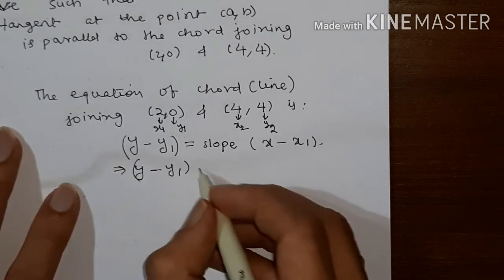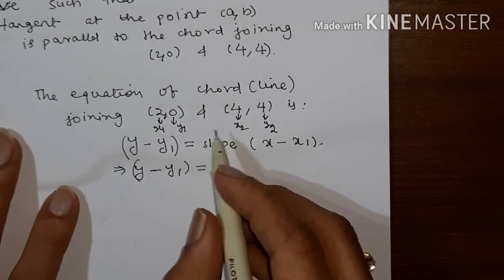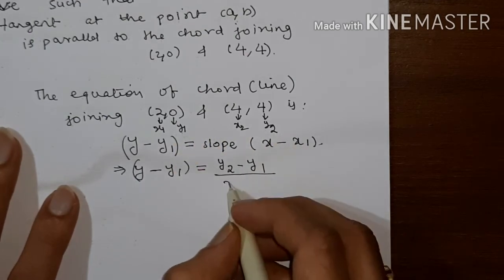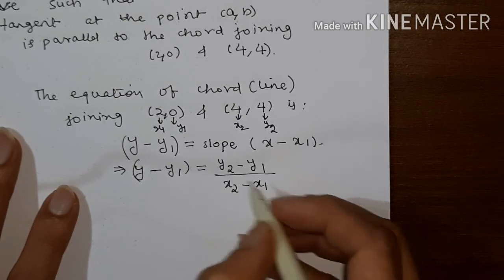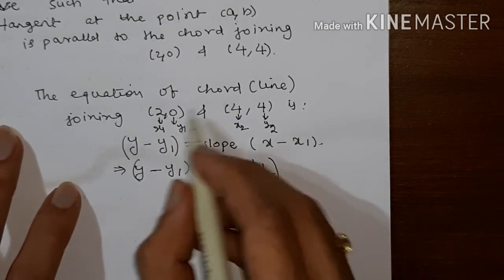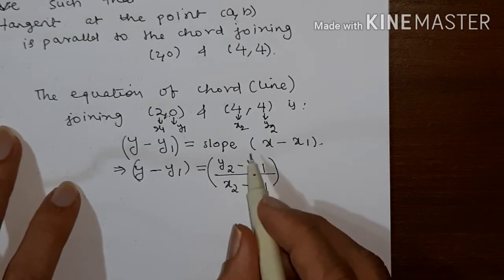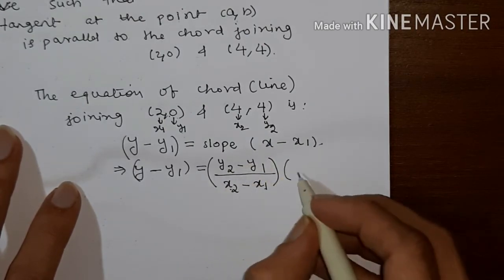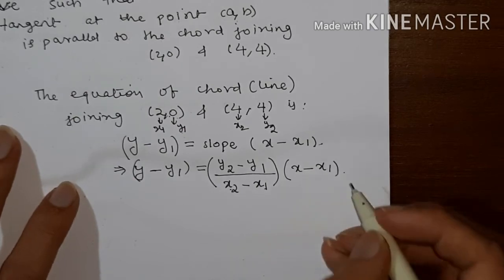What is the slope of the line? It will be y2 minus y1 divided by x2 minus x1. This is the 2-point form of a line.